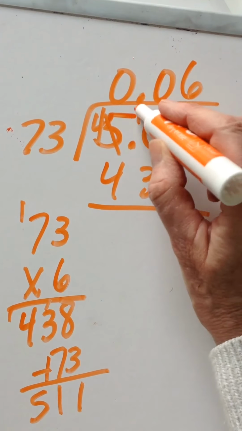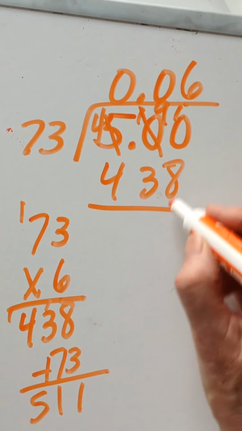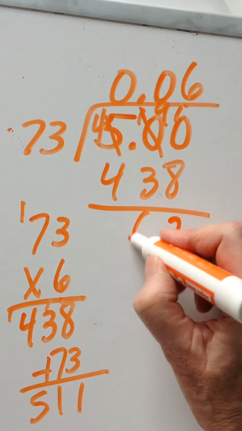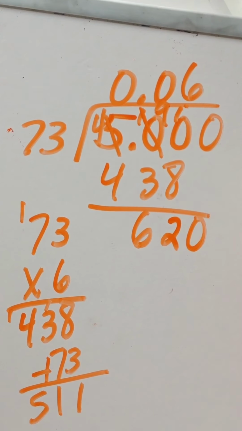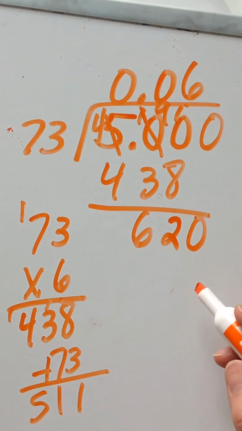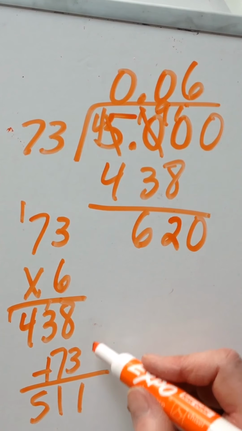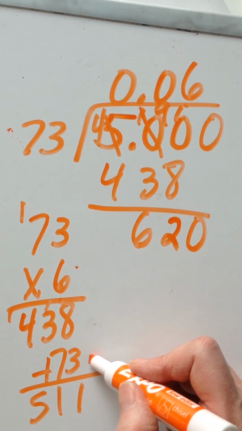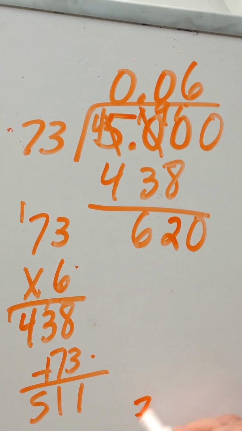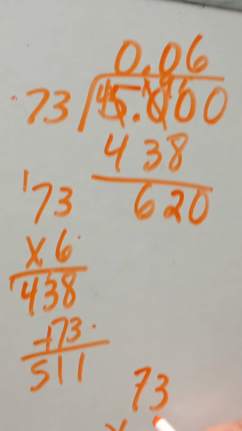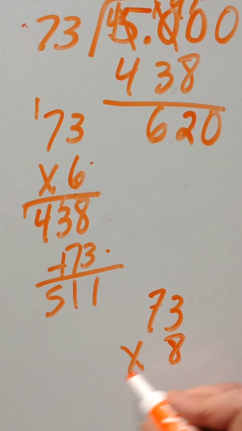Need to borrow. 10 minus 8 is 2. 9 minus 3 is 6. Put a 0. All right. Because we would like something else there. It's not going to be 10. This is 6, this is 7. Let's say it's 8. So 73 times 8.